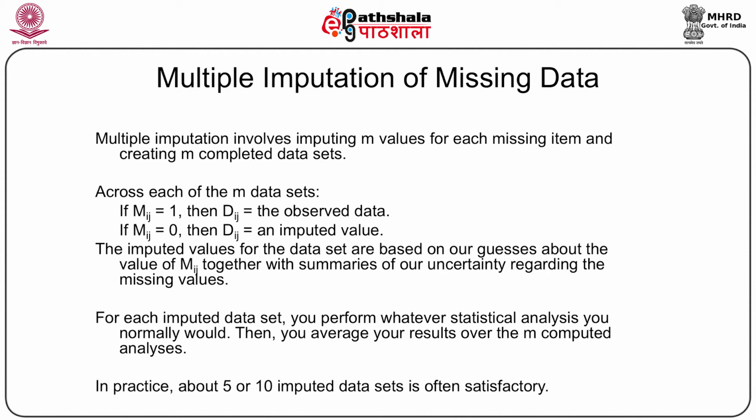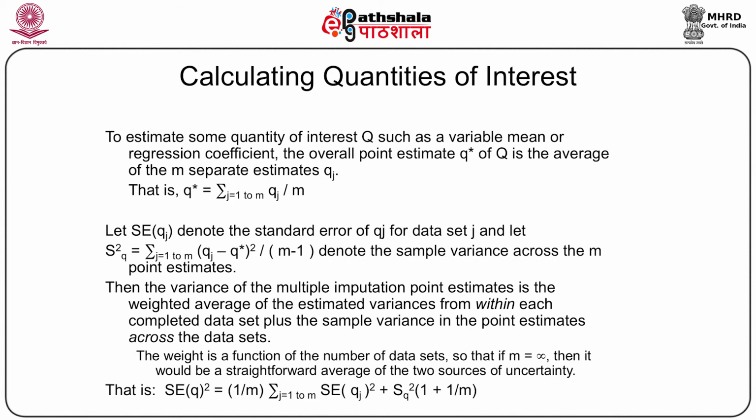For each imputed data set, you perform whatever statistical analysis you normally would. Then you average your results over the m completed analyses. So let's talk about calculation of quantities of interest.